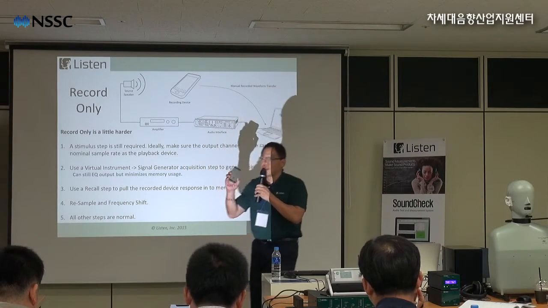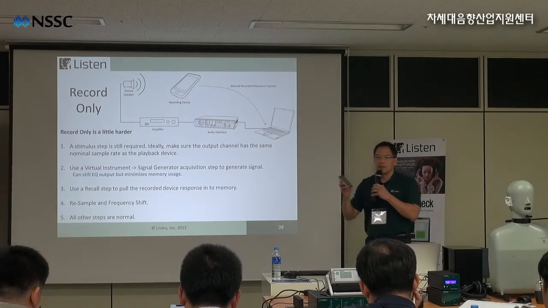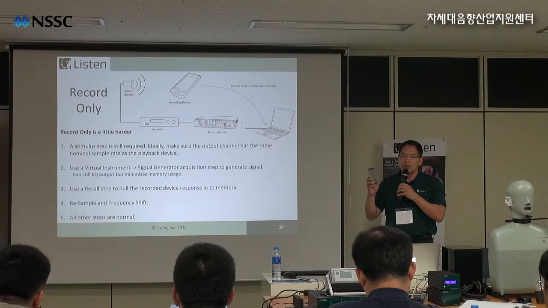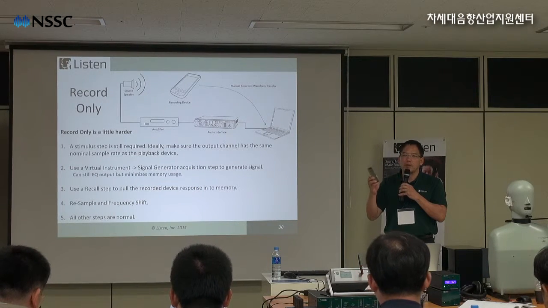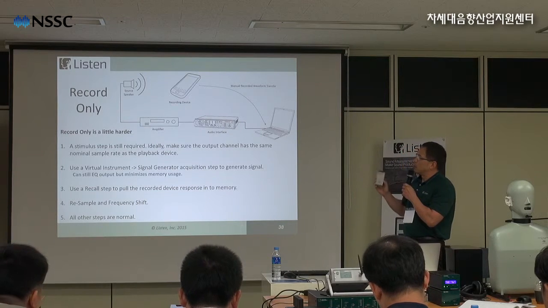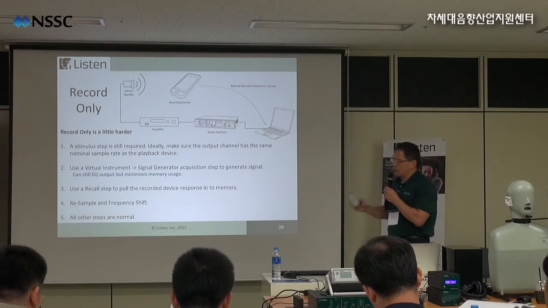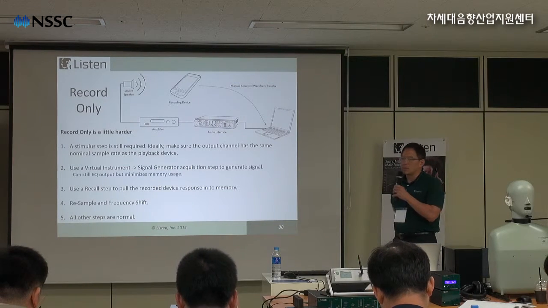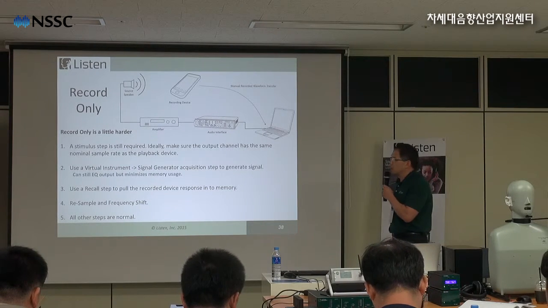Again, we have a smartphone or any device that we want to test, but instead of testing the speakers, we want to test the microphones. So it's a record only application. It's a little more complicated, but still very easily managed.